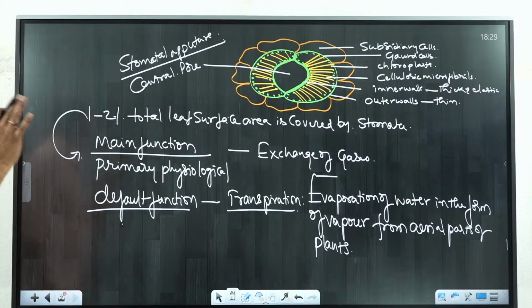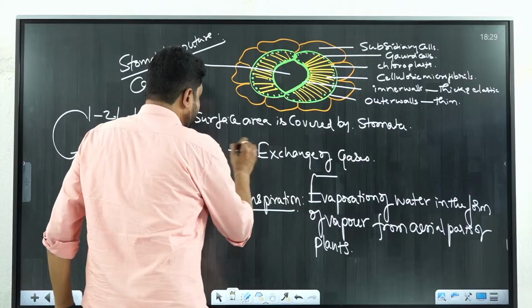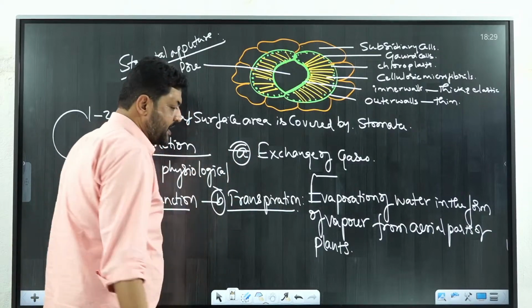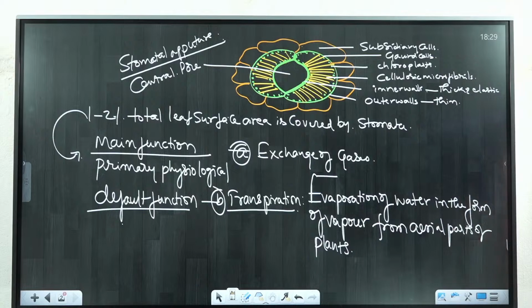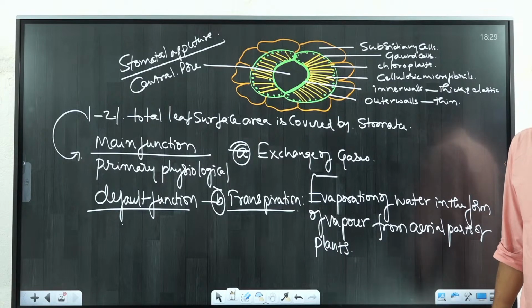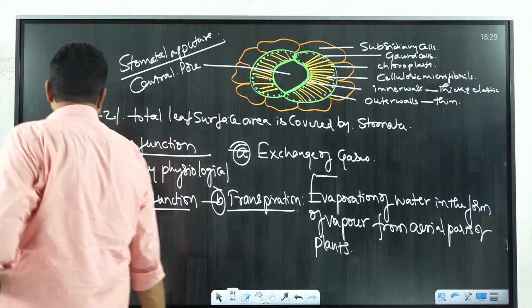So the functions of stomata include both exchange of gases as well as transpiration, but the main function of the stomata is only the exchange of gases. Was it clear? Shall I go for the next slide reading?